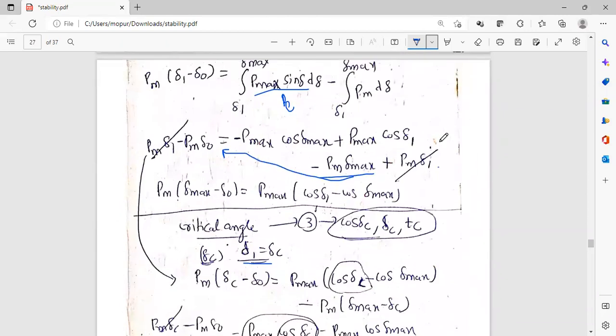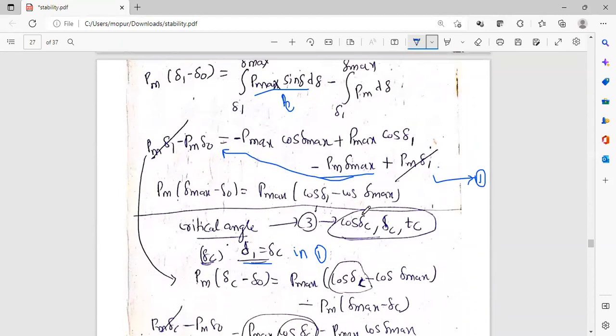Let me take this equation as 1. Now I am substituting delta 1 is equal to delta C in equation number 1. What will I get? The same thing. That is, Pm into delta C minus delta naught is equal to the same thing.